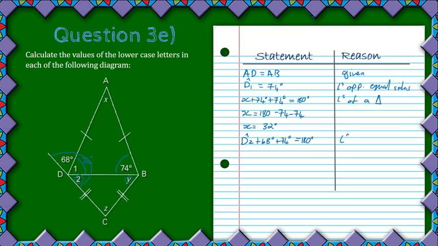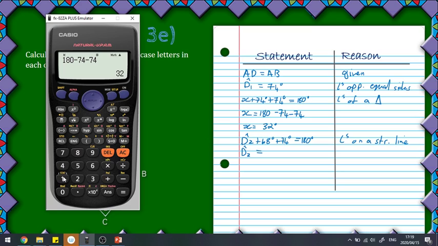And my reason is angles on a straight line. So solving for D2, we have 180 minus 68 minus 74.